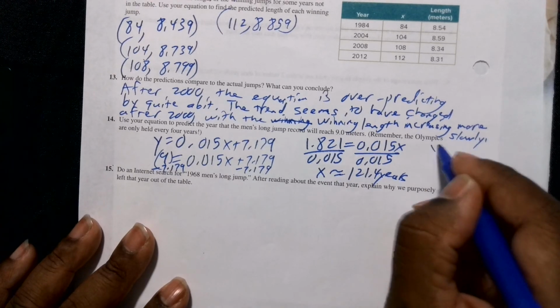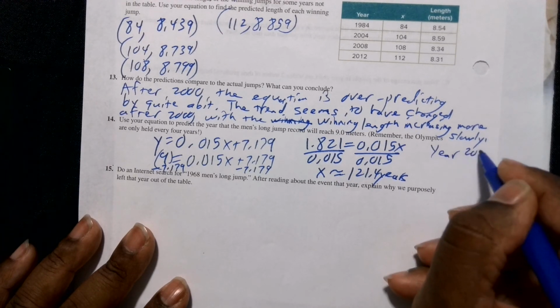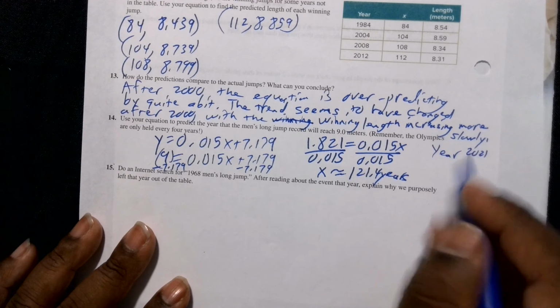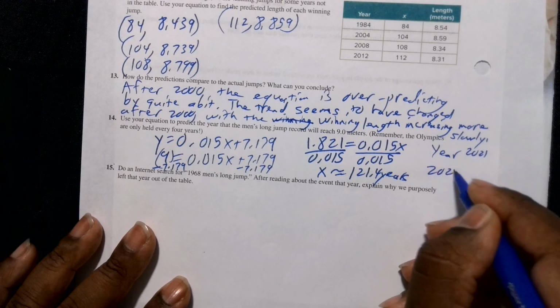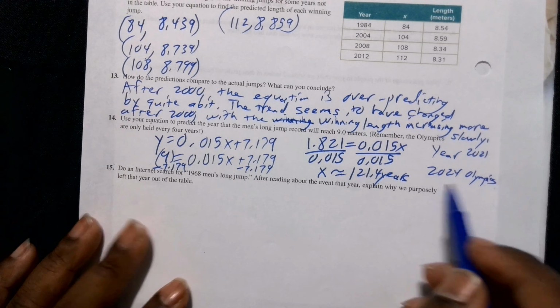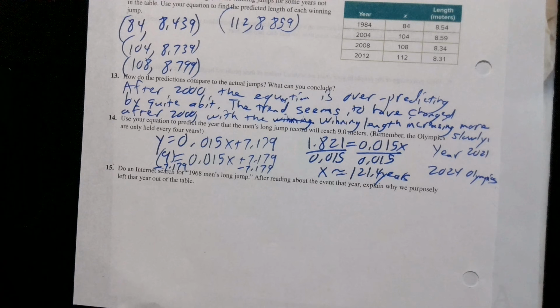So this would be the year 2021, but there is no Olympics in 2021. So it would be the 2024 Olympics that this is predicting that it'll be a 9-meter jump. And that is the end of this section.